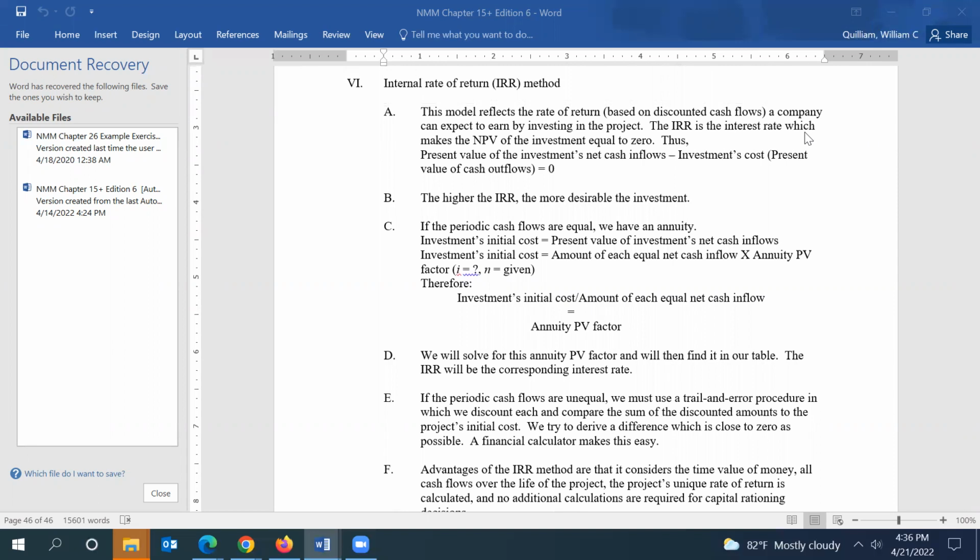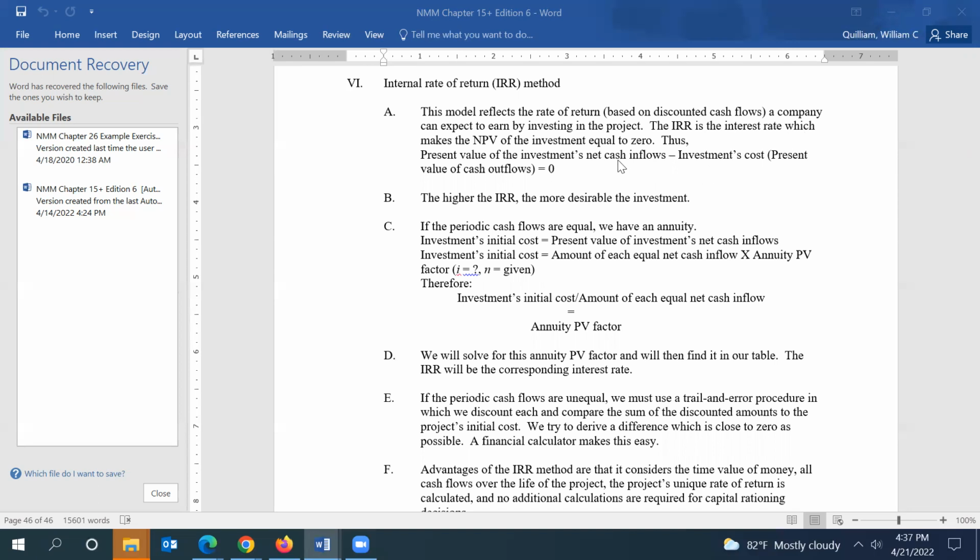So this model or method is going to reflect the rate of return based on discounted or present value cash flows a company can expect to earn by investing in the project. And the internal rate of return is the interest rate or rate of return which makes the net present value of the investment equal to 0.